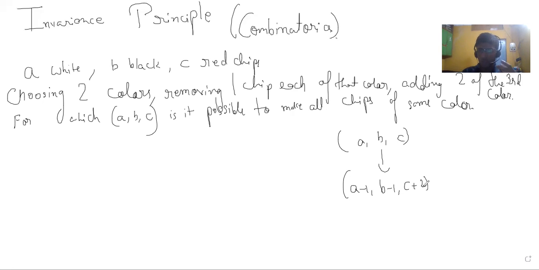So the number of chips is not changing. The goal is to know for what ABC is it possible to make all chips of the same color in the end. Basically we need to find some sort of an invariant. Chandan is saying something related to mod 3 is not changing.